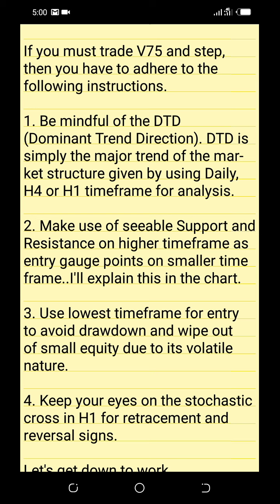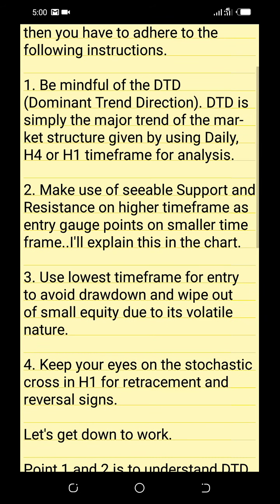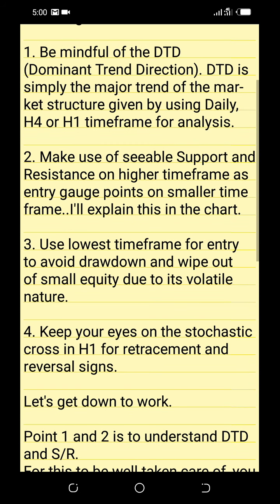That dominant trend direction is the very first thing you need to check, and you have to use higher time frames, maybe from H1 to H4 to daily. I'm going to show you in the chart how it works. Number two, make use of seeable support and resistance on the higher time frame as entry gauge points on the smaller time frame.